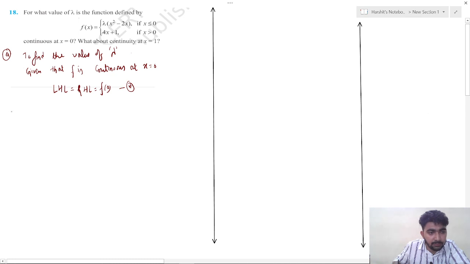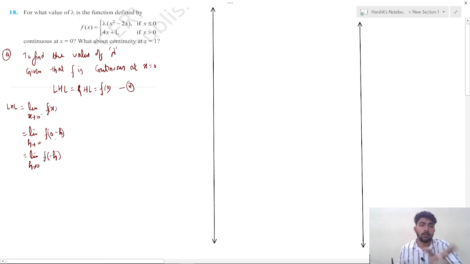How can we find this? LHL is limit x tends to 0 negative f of x, which is limit h tends to 0 f of 0 minus h, that is limit h tends to 0 f of minus h. Now the given function is a piecewise function, defined in two pieces. The left side of 0 is defined by lambda x square minus 2x, and the right side of 0 by 4x plus 1.